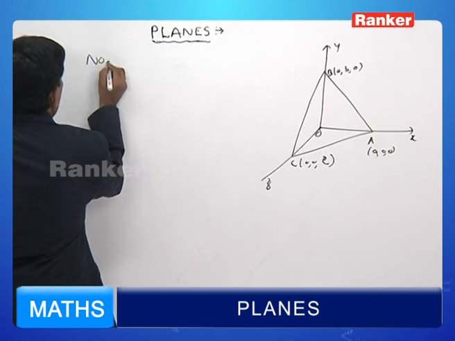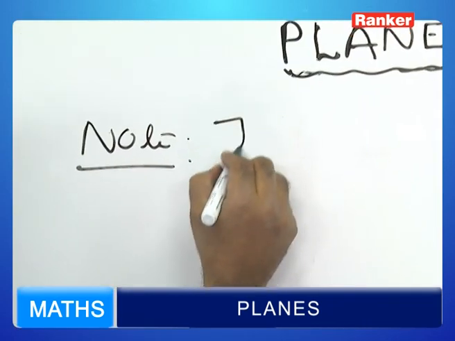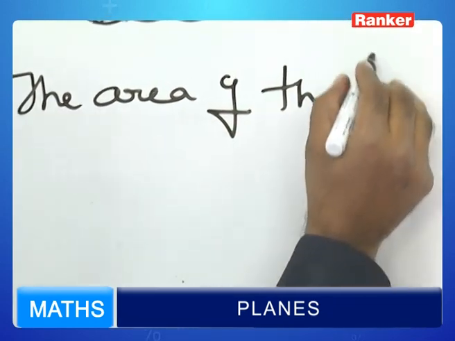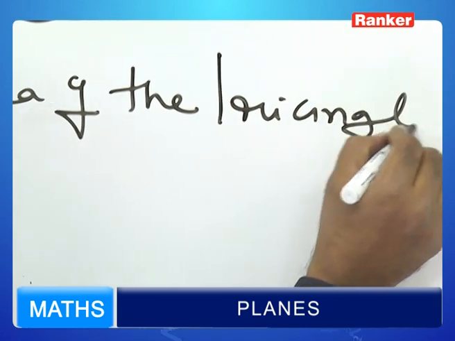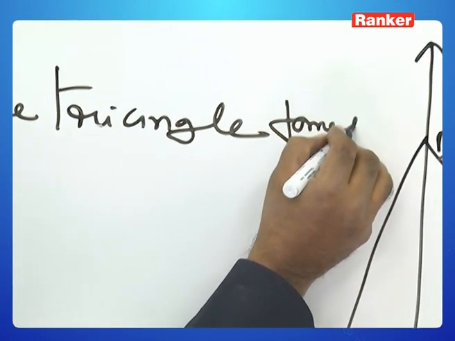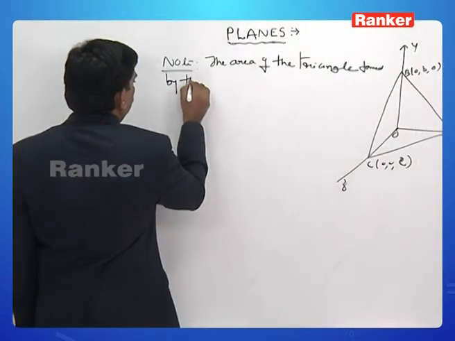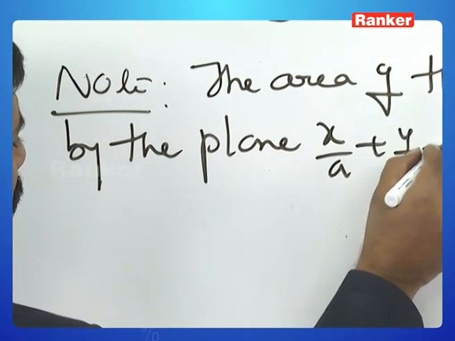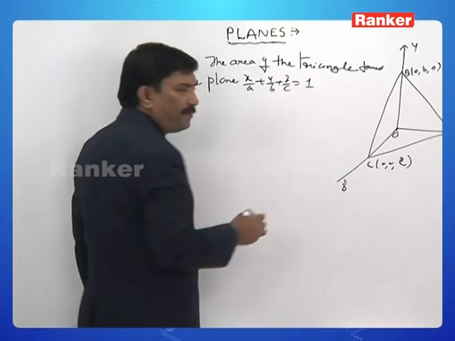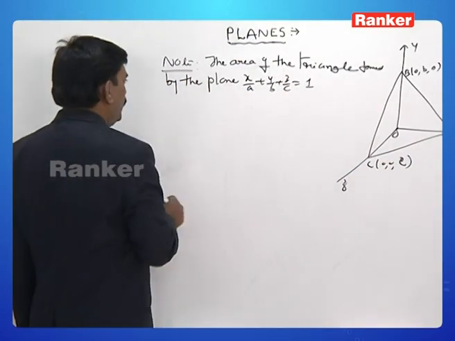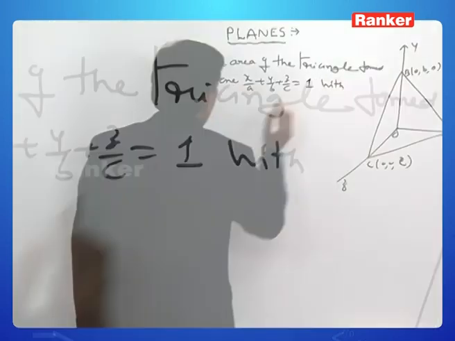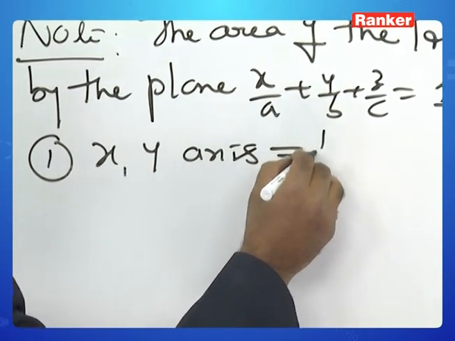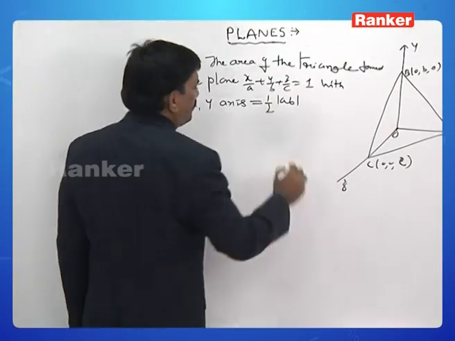Now notice, now look here, the area of the triangle formed by the plane x by A plus y by B plus z by C with first one x comma y axis is equal to half into modulus of AB.